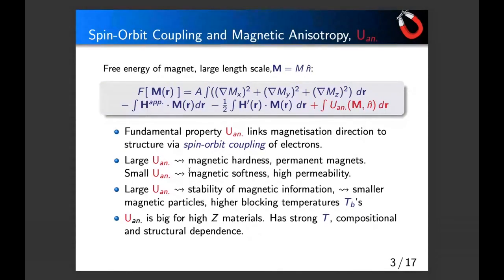This is the temperature above which that information can no longer persist, and this is proportional to how magnetically anisotropic the system is. Because this quantity depends on spin-orbit coupling, it's big for those materials with high atomic number. And as we'll see, it has strong temperature, compositional and structural dependence.